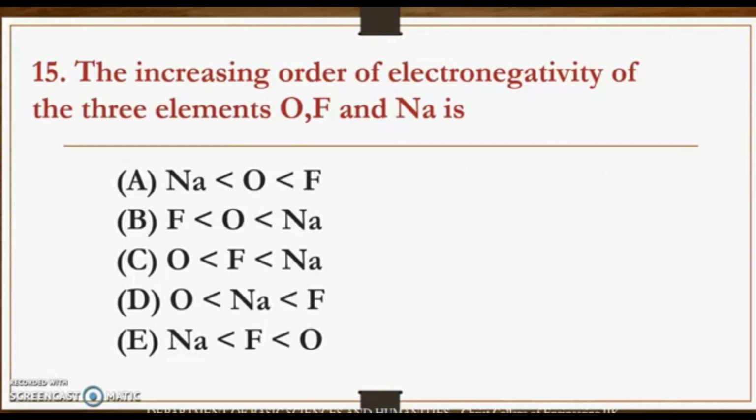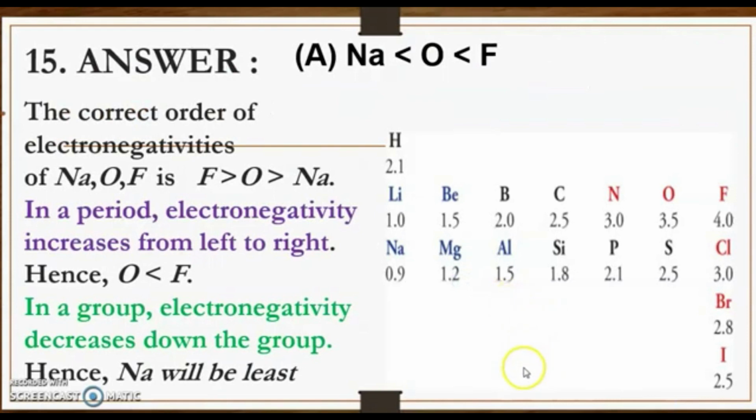So we know that electronegativity increases from left to right of the periodic table. It also decreases from top to bottom. If you see the periodic table, we can predict which is the most electronegative and which is the least electronegative element. In the second period, fluorine is at this end, no other element is there. Therefore, fluorine is the most electronegative element.